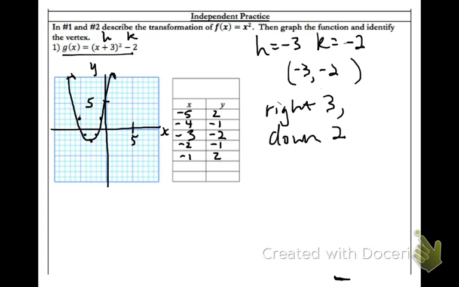Actually, it's shifting it to the left. So let me change that. So to the left 3 and down 2. So the vertex will be at (-3, -2), and then plotting some points, 2 in the negative direction of the x and 2 in the positive, you'll get this parabola.